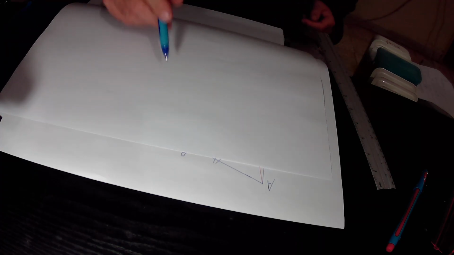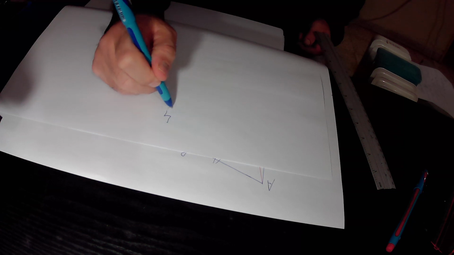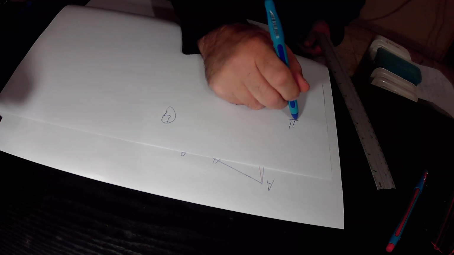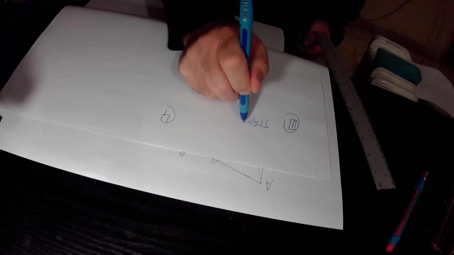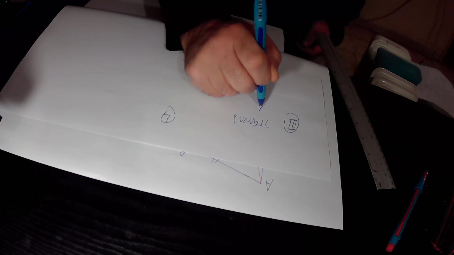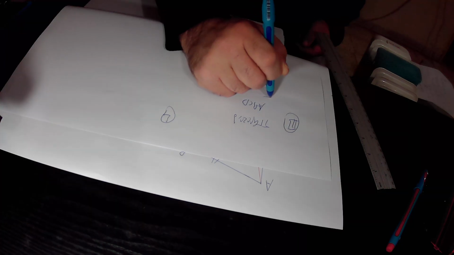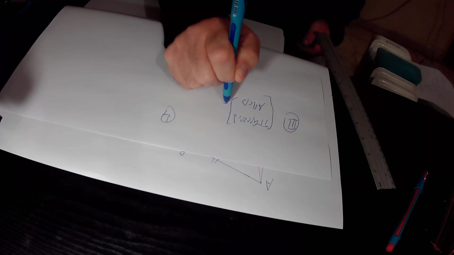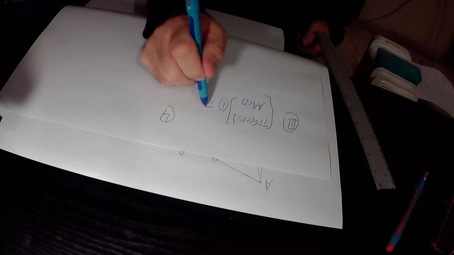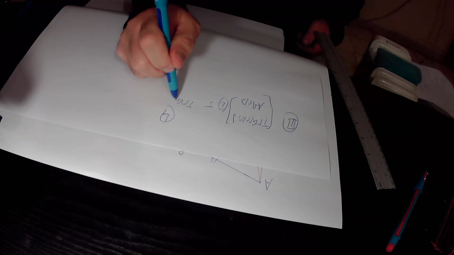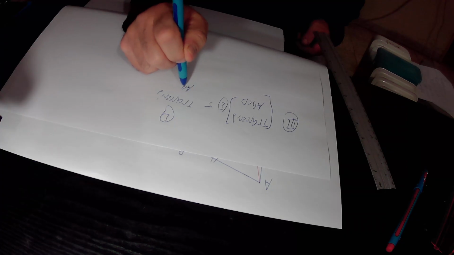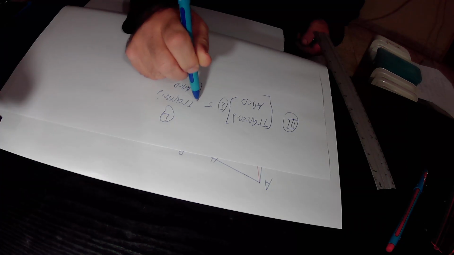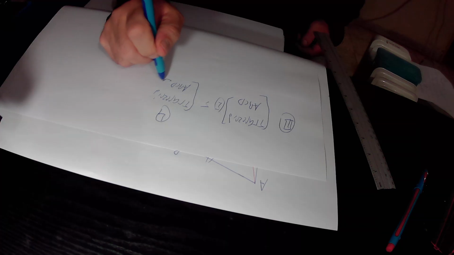And again, equation 3 states that the area of the big trapezoid ABCD according to the first method of calculation must be equal to the area of the same trapezoid ABCD according to the second method of calculation.